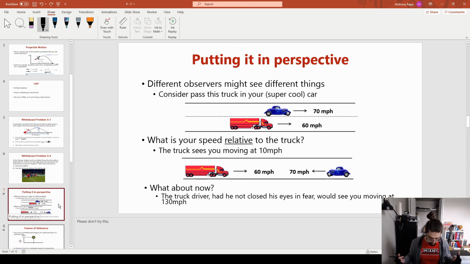Right? From my perspective right now, I think I am stationary, if I'm being honest. I'm sitting right here. Maybe I'm bouncing around a little bit, but for the most part, I would argue that I'm pretty stationary. I'm not moving in a vehicle. I'm not running. I'm not doing anything else like that.